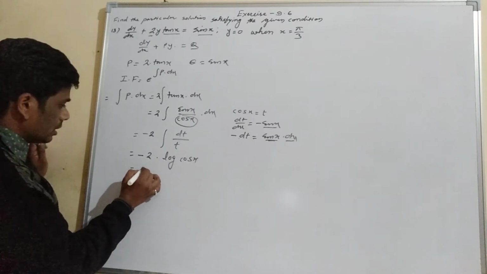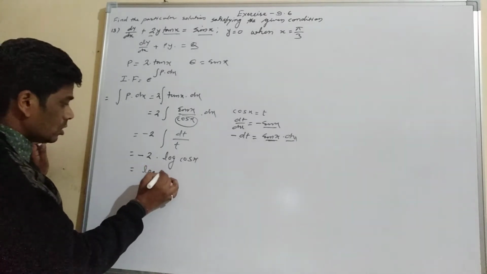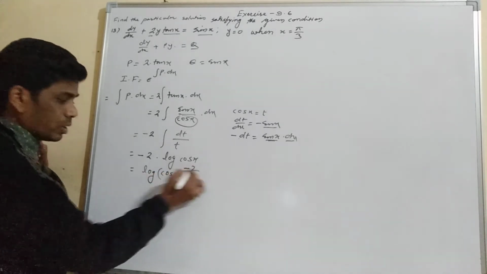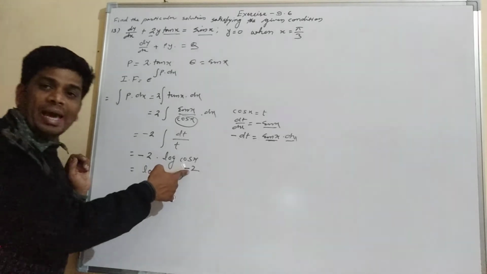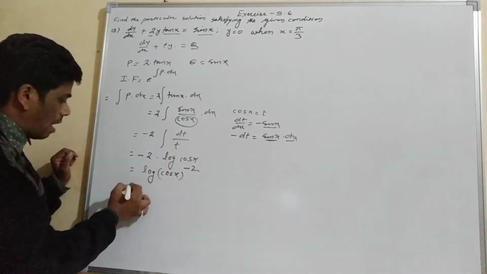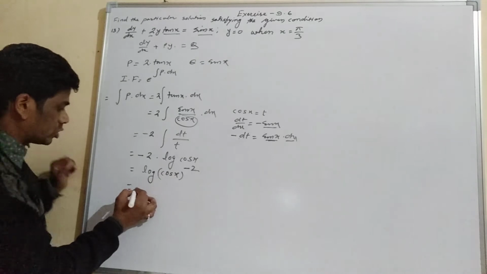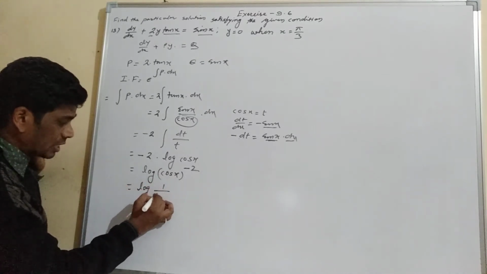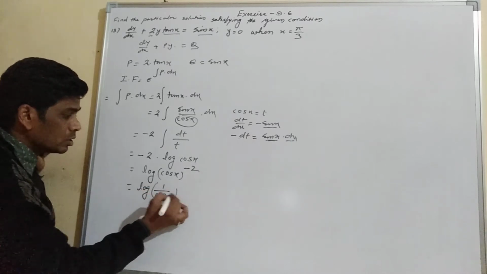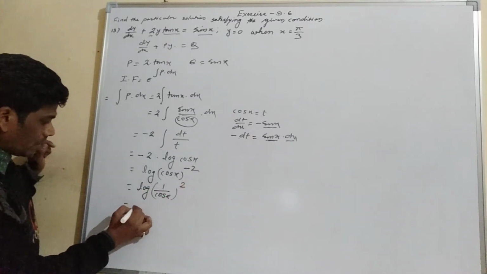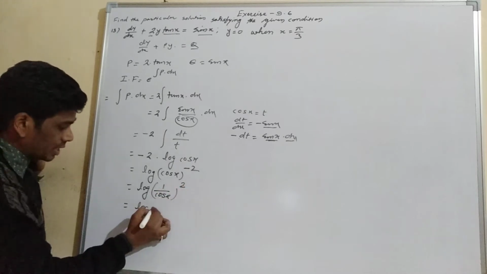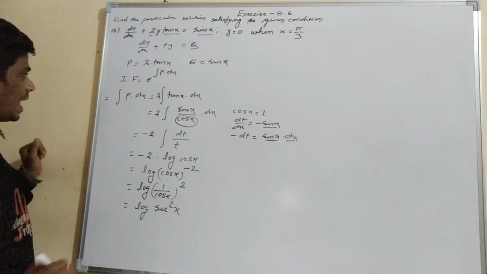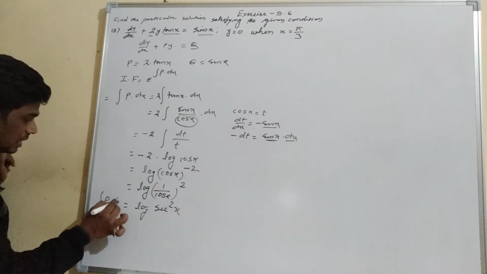So it will be log of cos x raised to the power minus 2. To remove the minus sign from the power, we can write the inverse of cos x, which means log of 1 upon cos x, that we can write as sec x. Since this is squared, we will write sec square x. So log of sec square x is the integration of p dx.